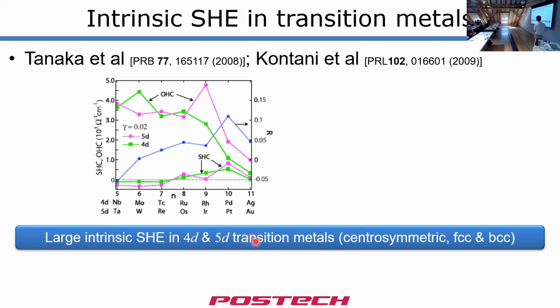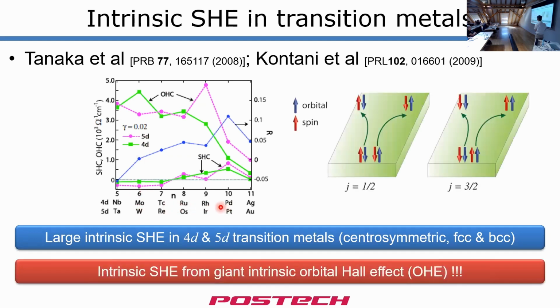And this viewpoint was actually emphasized by these two papers, Tanaka et al., Kontani et al. They examined intrinsic spin-Hall effect in 4D and 5D transition metals, and they calculated spin-Hall effect for various 4D and 5D transition metals. And they said that intrinsic spin-Hall effect in this material is inherited from gigantic intrinsic orbital Hall effect.